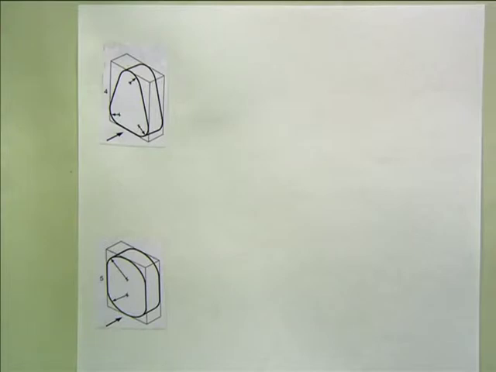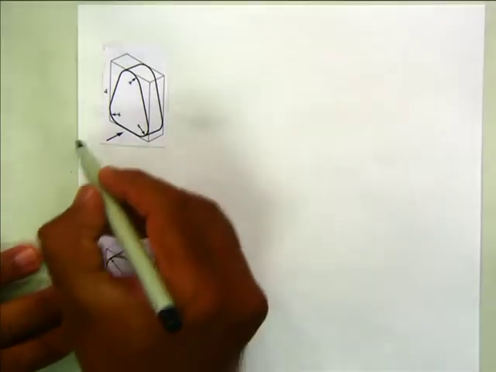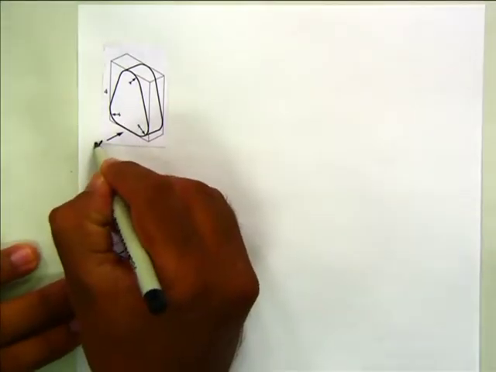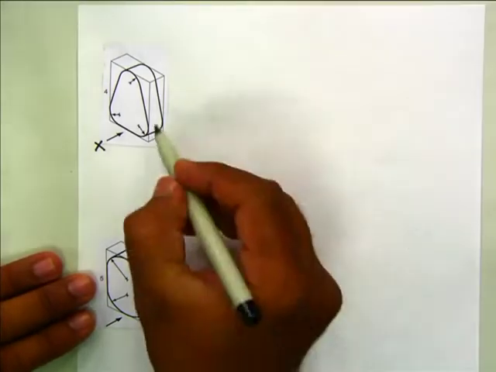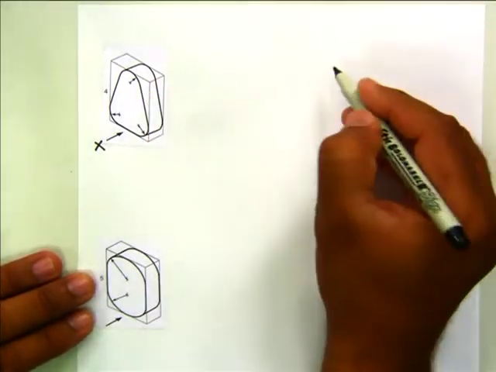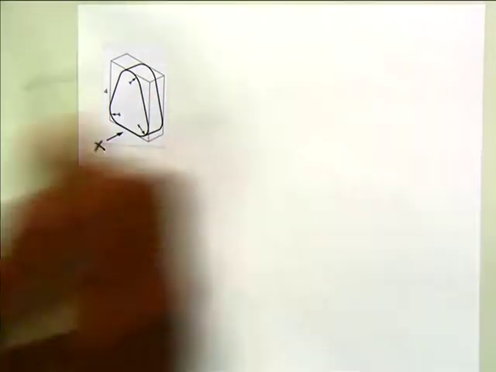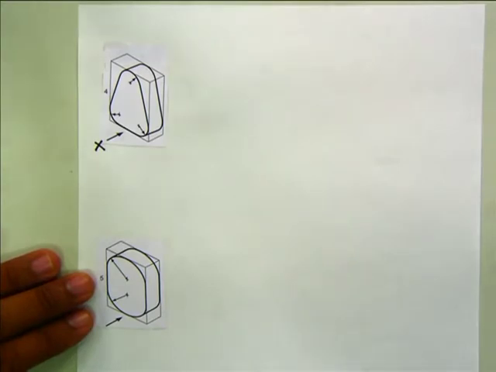Now, in this figure, when you are viewing from X, let us draw a faint line first.